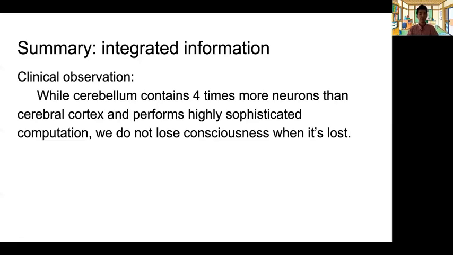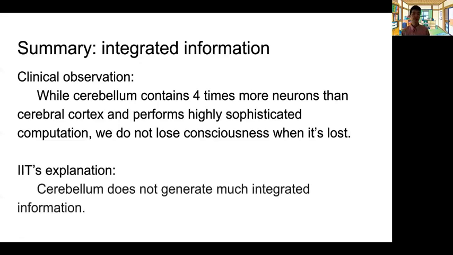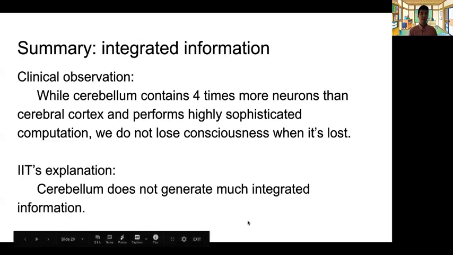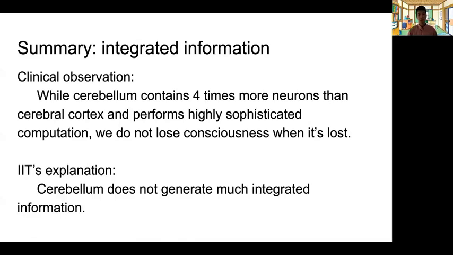If you have a cancer in the cerebellum, sometimes you need to take it out, but even if you take it out, you do not die or lose consciousness if it's done properly. And the reason IIT explains is that the cerebellum does not generate integrated information, if anything much. And therefore, it's irrelevant for consciousness, and we can cut that, or it doesn't affect experience.